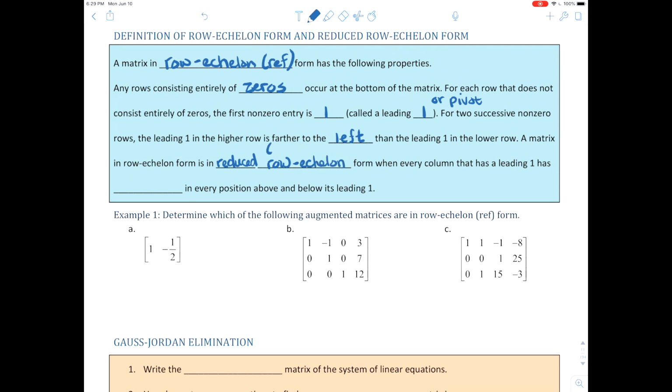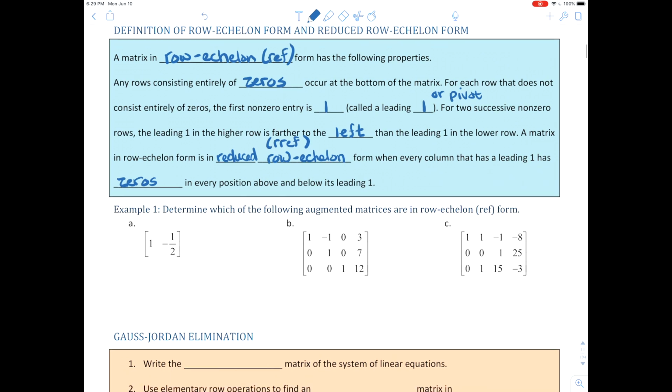So this abbreviation is RREF in the computer programming and in the graphing calculator. So it's in RREF form when every column that has a leading one has zeros in every position above and below its leading one.